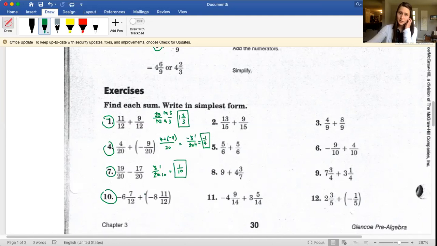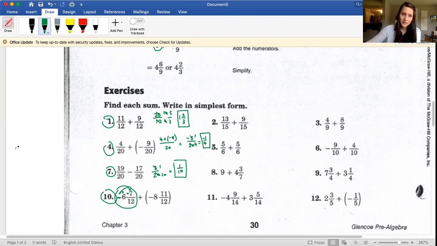Okay, now with some mixed numbers here. So what I have here is negative 6 and 7/12. Now, this negative goes into everything inside my fraction. So that means that my negative also belongs with, it's negative 6 wholes, but then I also have negative 7/12.